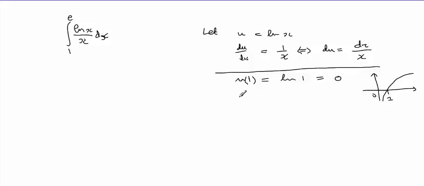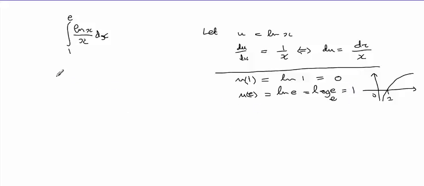Right, so then the next thing is to evaluate the upper limit, which will be u at e, and this is ln of e. Remember, this is the same as log base e of e, and that should be equal to 1.